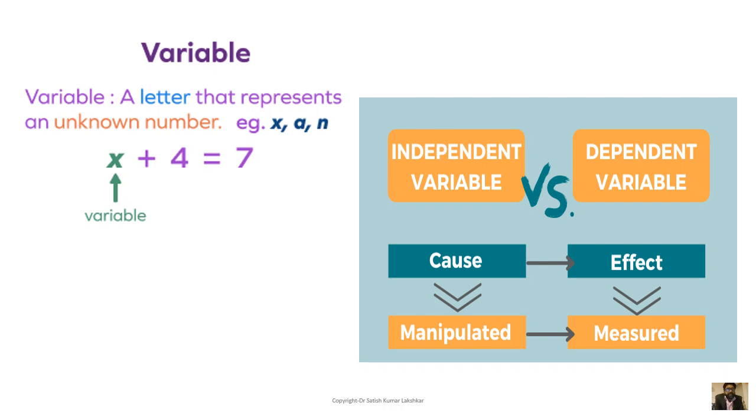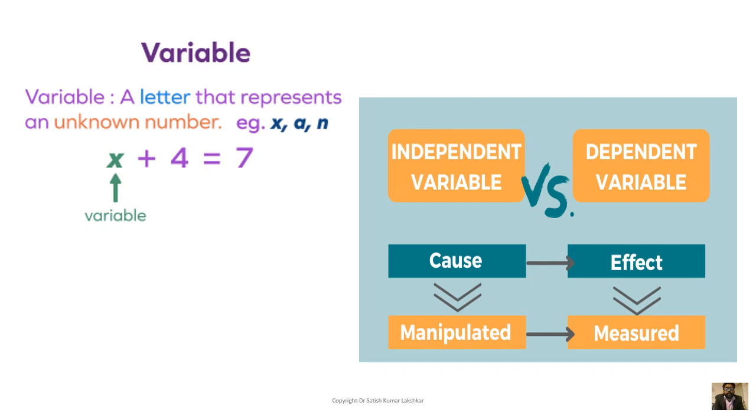In this case, we are adding a constant, 4, to an unknown number, which is x, and the result is 7. So the variable x is the number which keeps on changing.